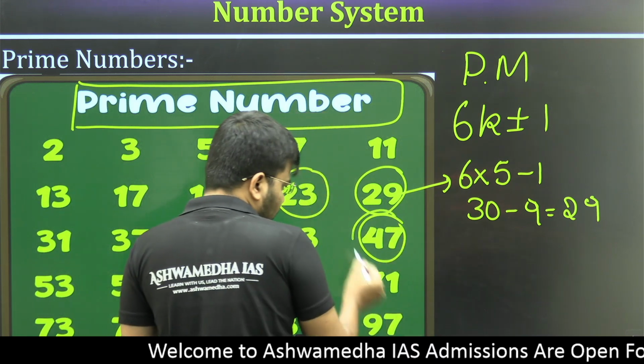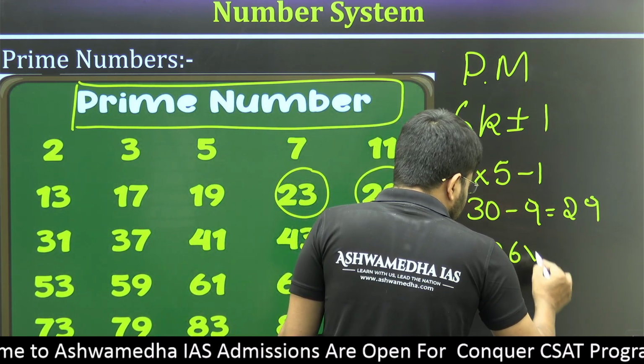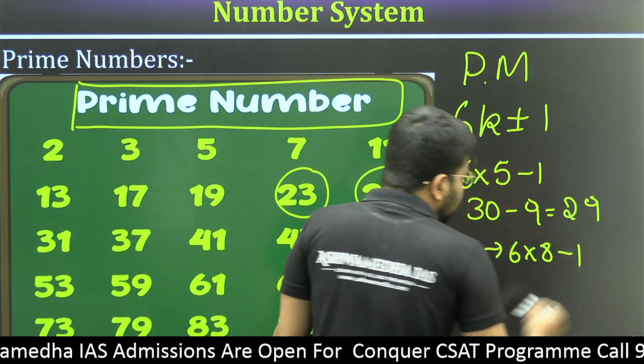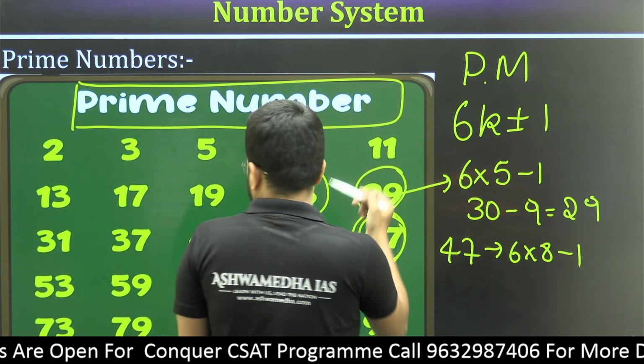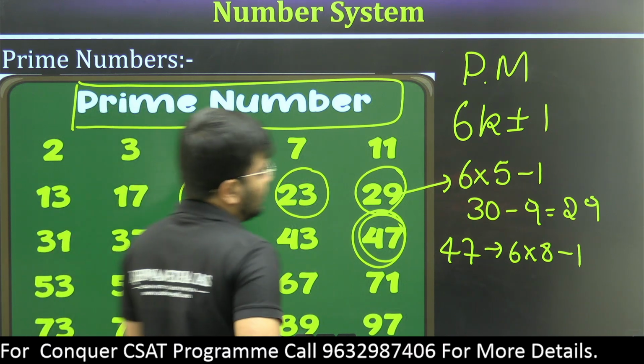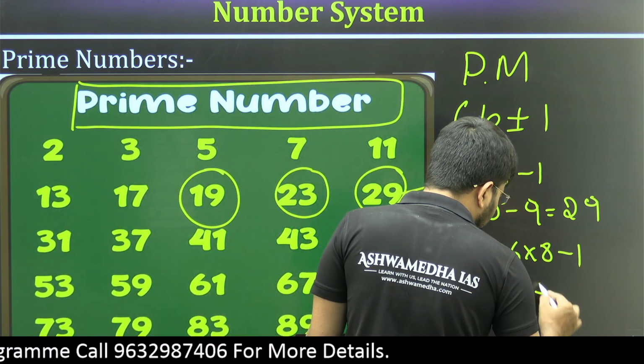If you take 47, this can be written as 6 into 8, that is 48, minus 1. Or if you take 19, 19 can be expressed as 6 into 3 plus 1.